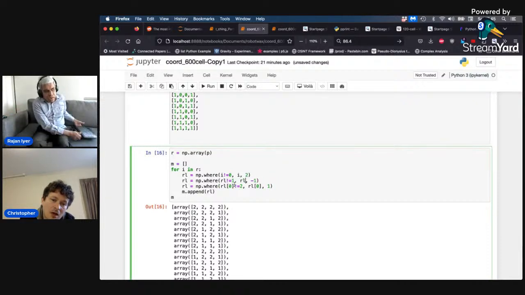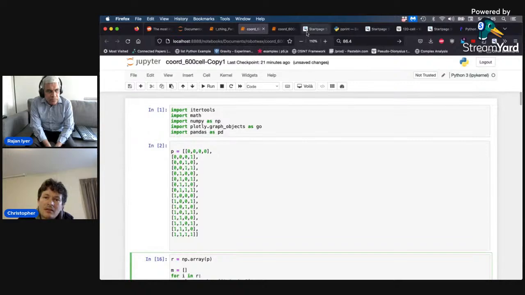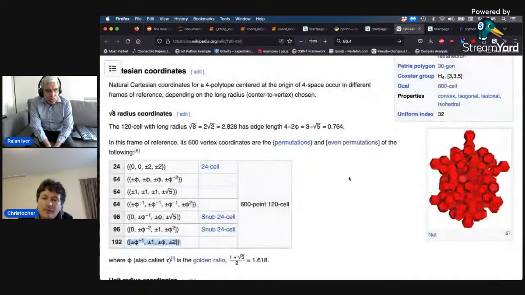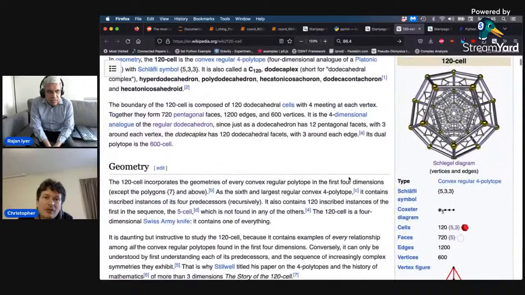Okay, so right now, well, at the moment here, I'm working on this. Yeah, go ahead. So coding, right? Coordinates. It's a little bit tricky.